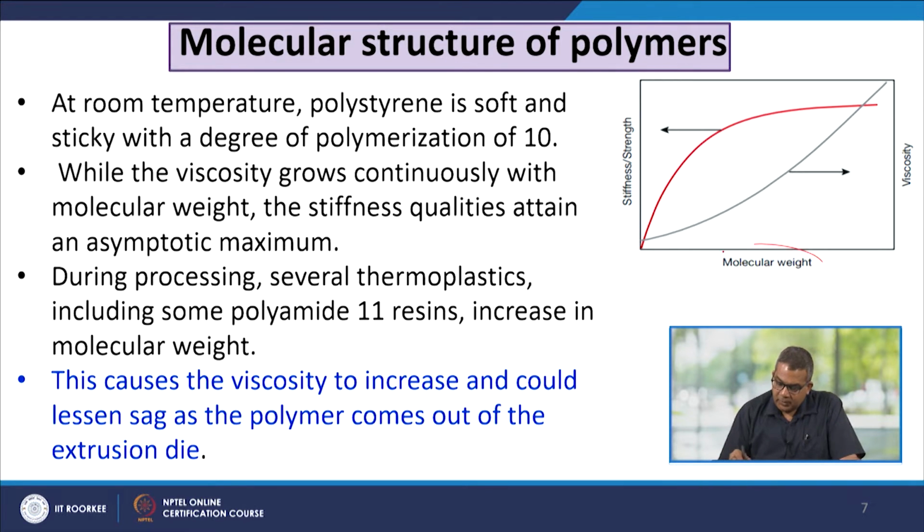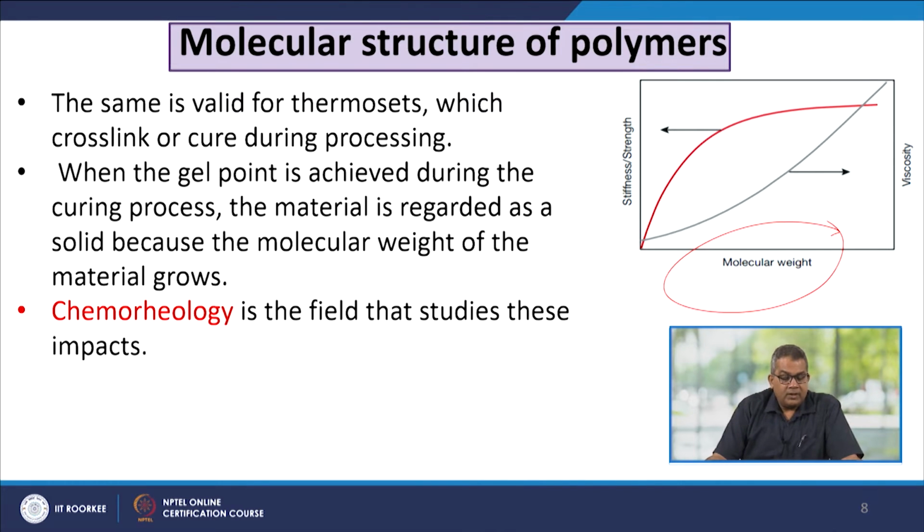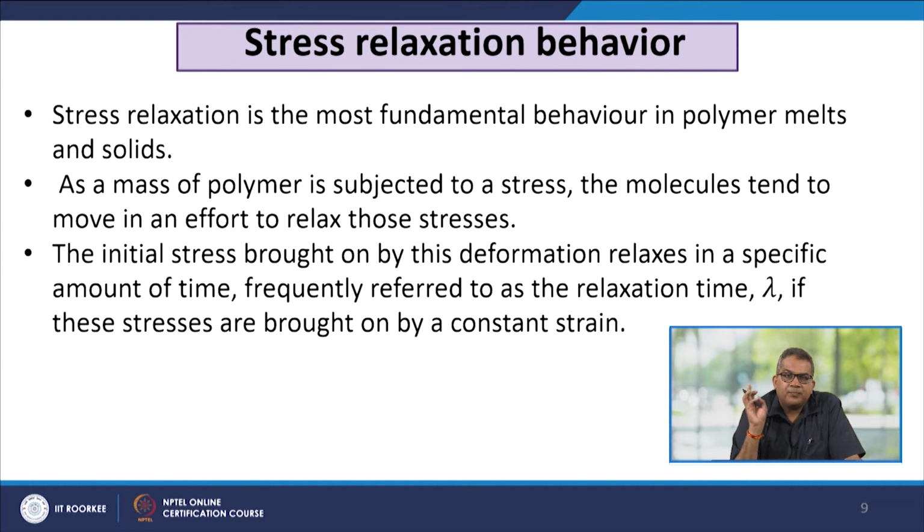This particular figure reflects the molecular weight versus stiffness, strength and viscosity simultaneously. Now this is valid for thermosets which cross-link or cure during processing. When the gel point is achieved during the curing process, the material is regarded as solid because the molecular weight of the material grows. Now, rheology is the field that studies these impacts.